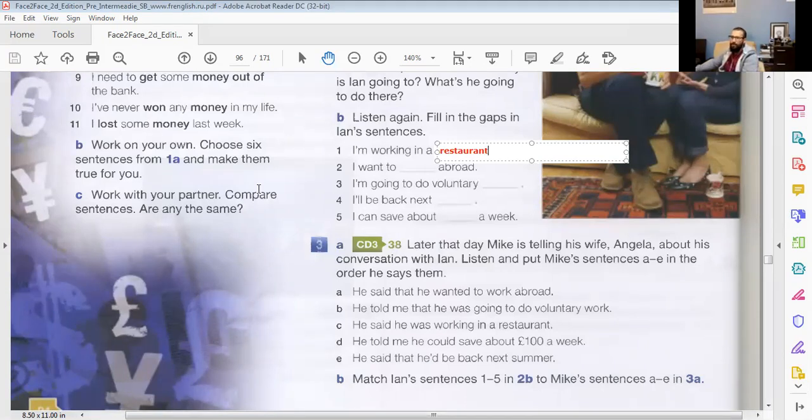I want to working abroad. Are you sure? Is he qualified to work as a lawyer in Canada? Or work abroad. Work. But is he qualified? Can he work abroad as a lawyer?